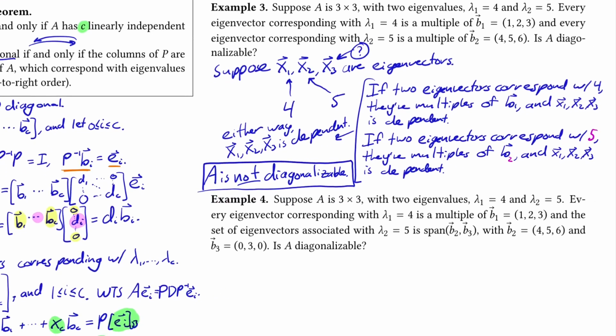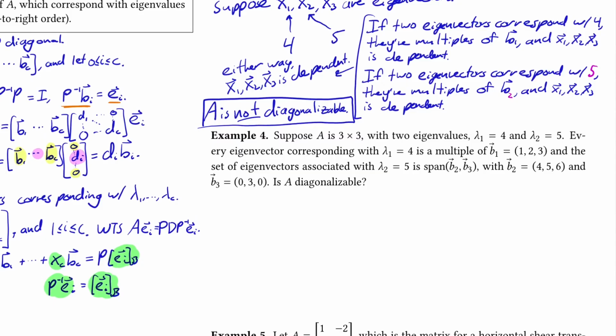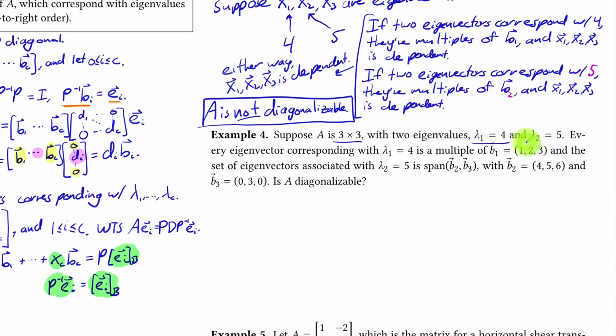Okay, let's look at example 4. Suppose A is 3 by 3 again, with 2 eigenvalues, lambda 1 equals 4 and lambda 2 equals 5.